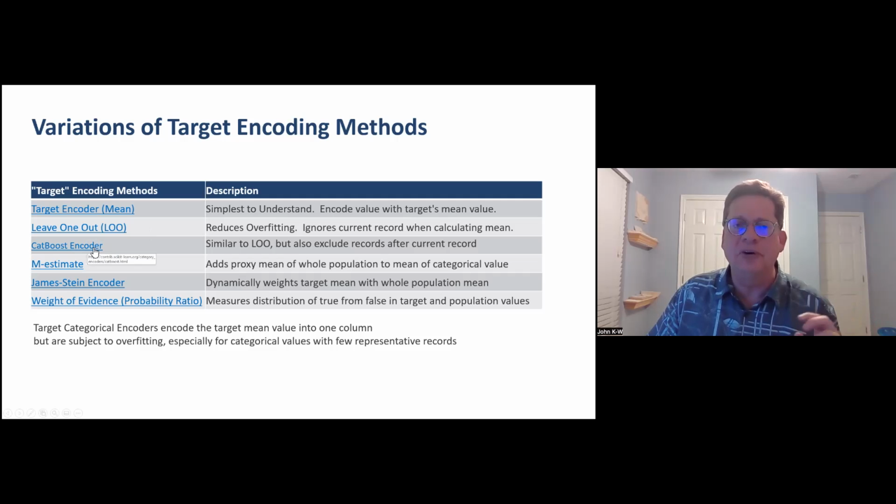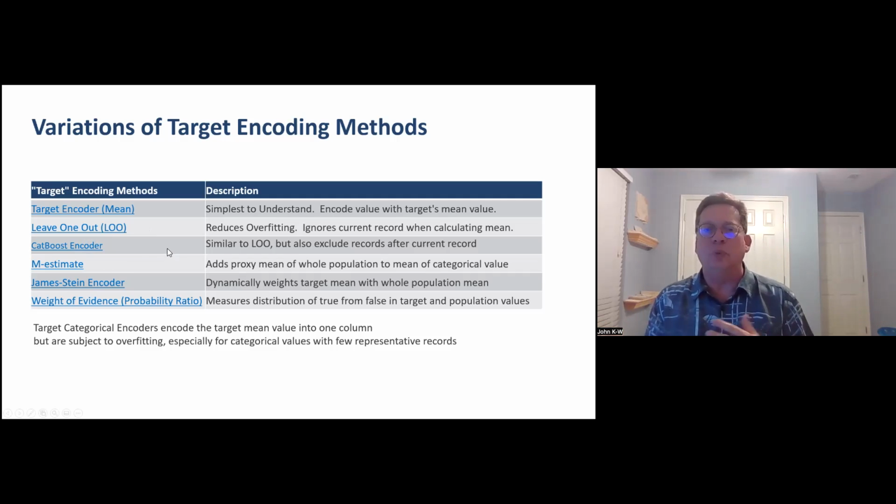CatBoost encoding is very similar to leave one out. It simply says any records after the current record, ignore those, as well as ignoring the current record. So that's adding in even more noise. And what you'll see is CatBoost encoding has scored very well in Kaggle competitions.